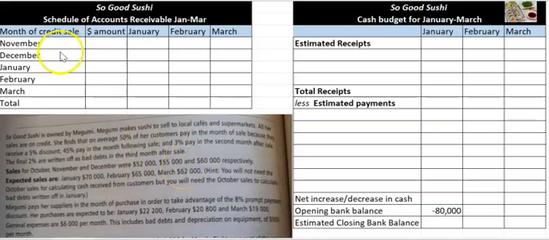So what we're going to do is do the schedule to start off with, and if we read through, we've got sales for October, November, December given here. We don't need October because that's 3 months later, but we do need November, December. So November's figure is 55,000, I think, and we'll type that in. Then we go 60,000.